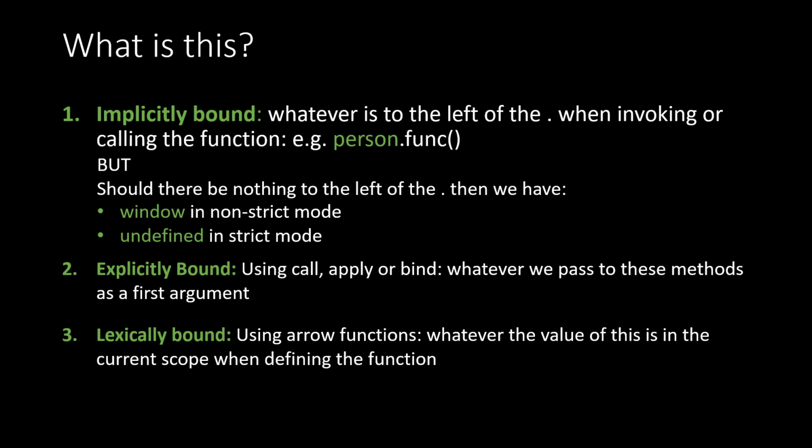In that case, this will be whatever the value of this was inside the current scope. And you just need to determine what kind of scope you are in, whether you're in global scope, module scope, a function scope, or maybe a block scope. It doesn't matter, whatever this was inside that scope is going to be whatever this is inside the function.